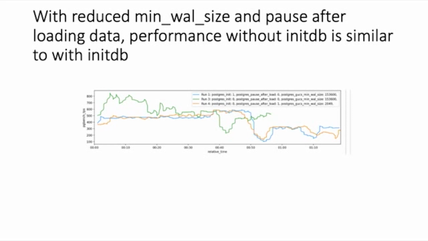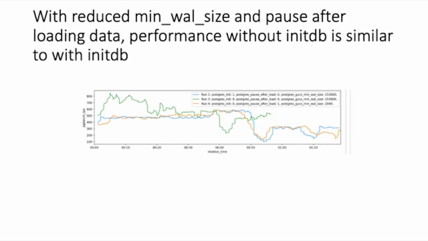In all the previous examples, min_wal_size and max_wal_size were the same. But in this example, I decreased min_wal_size, and then after doing create DB and loading the data before running the benchmark, I paused for longer than checkpoint_timeout.